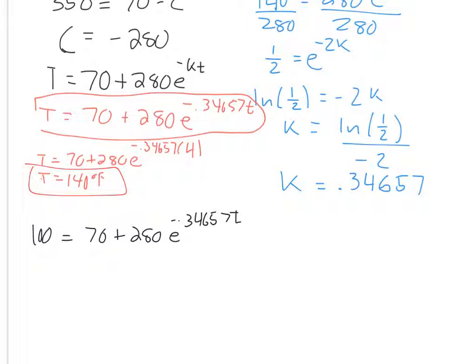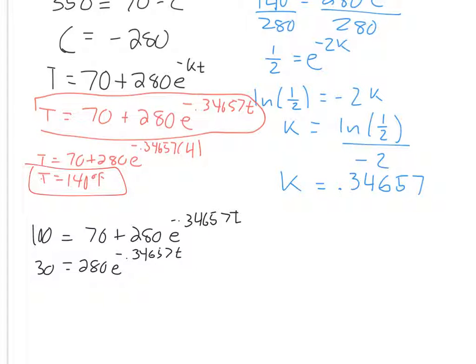So subtract 70 from both sides leaves me 30. Sorry, I've got a pretty good stylus, but it's not great still at writing as clear as a pen. And I can't put my hand on the iPad because then it messes up and clicks on other things. So I'm doing the best I can.